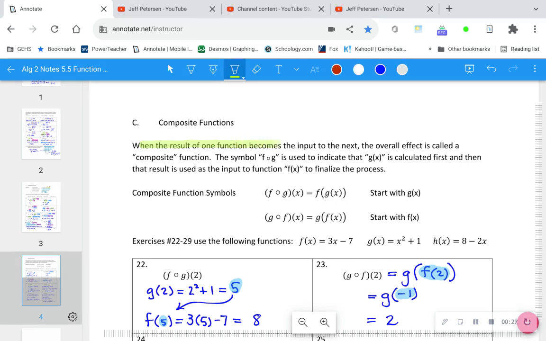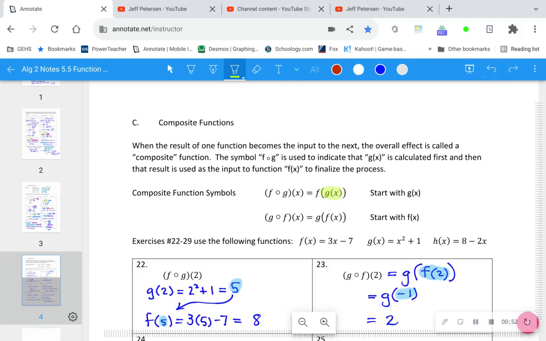When the result of one of the functions becomes the input to the next, it's called a composite function. So you find the answer to the first function and you plug that answer into the second function. Another way to think of this is you plug the result of the first function into the other function.